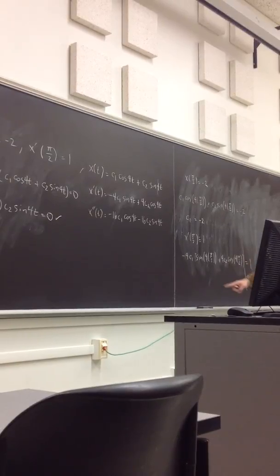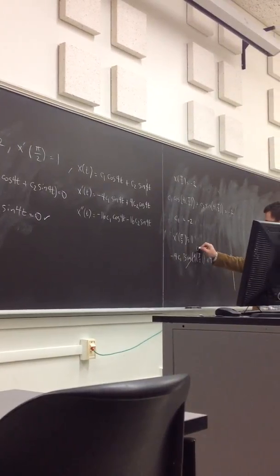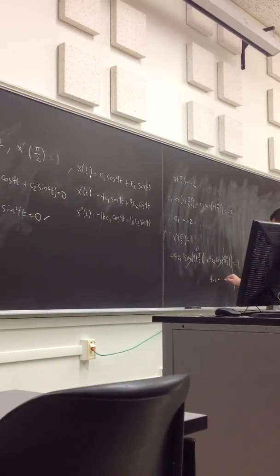All right, so again, sine of 2 pi is equal to 0, and cosine of 2 pi is equal to 1. So we're left with 4 C2 is equal to 1. So C2 is equal to 1/4.